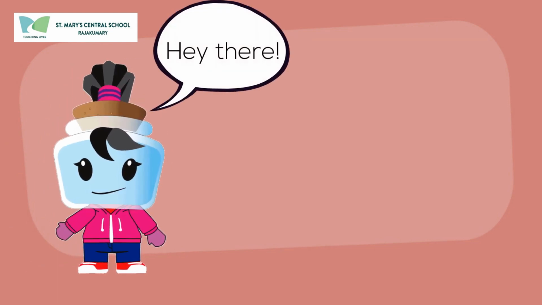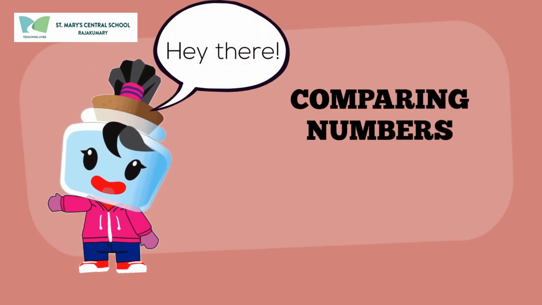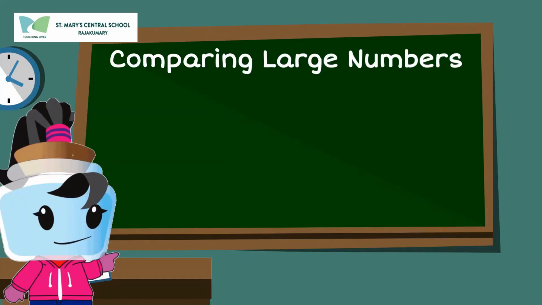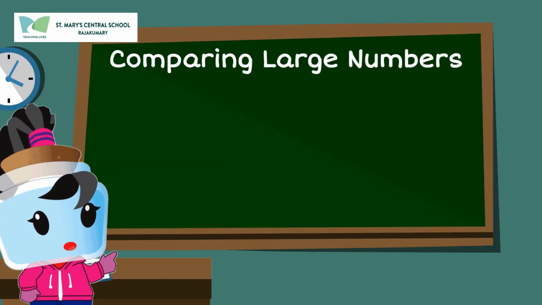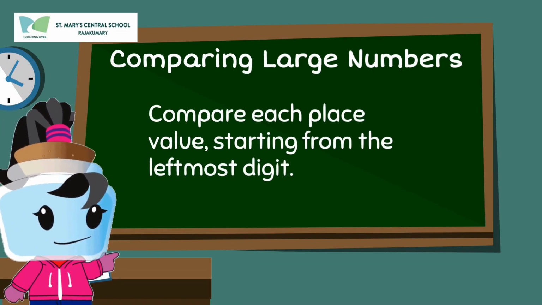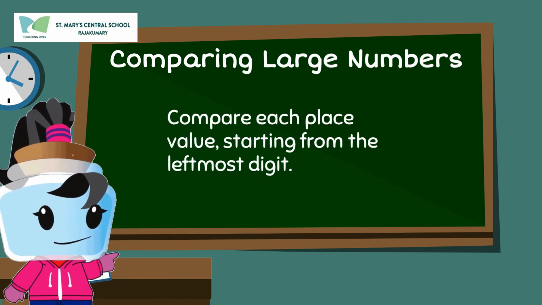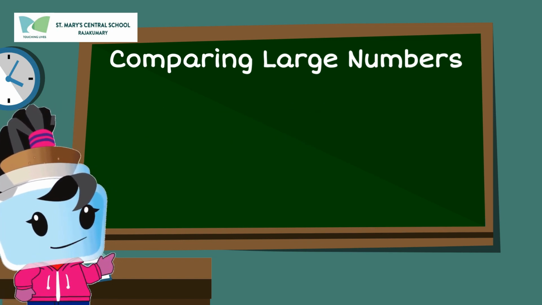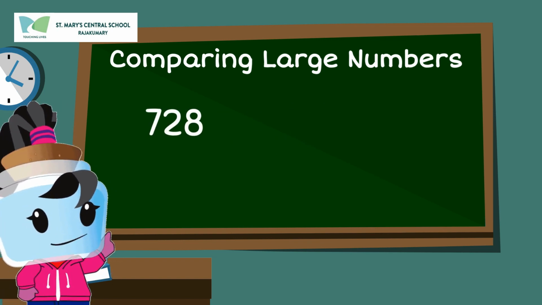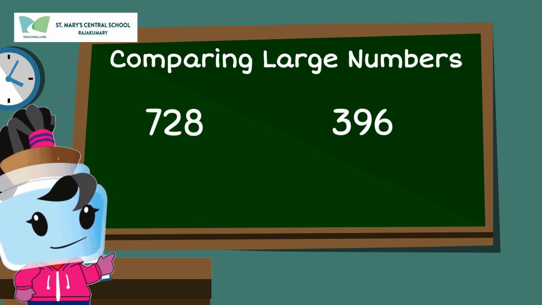Hey there! Today, we will be comparing numbers up to 1,000. The best way in comparing large numbers is to compare each place value starting from the leftmost digit. For example, let's compare 728 and 396.